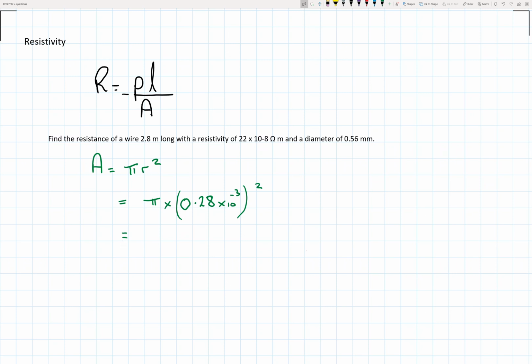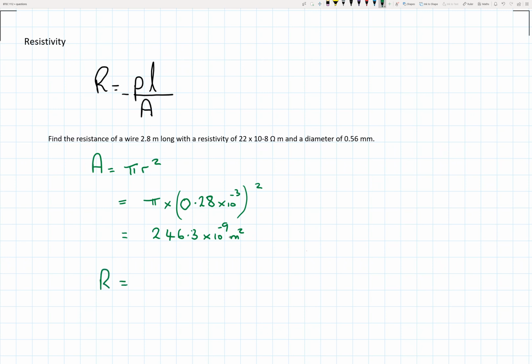So I've just halved the diameter, but because I need my area to be in meters squared, and I've put it in terms of millimeters in the first place, I've put times 10 to the minus 3, so the result that I get will be in meters squared. Okay, so there we have that bit. Now we can put everything into the equation that we know.